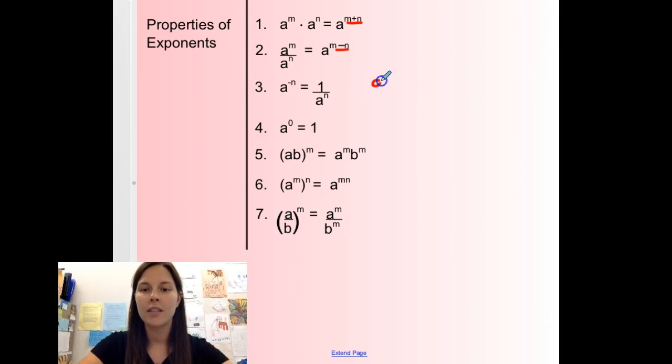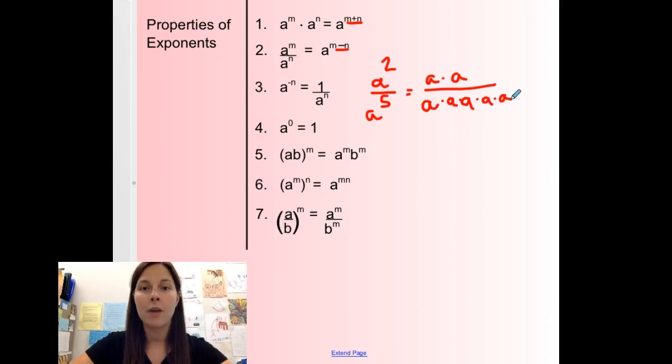For example, if you have a squared divided by a to the fifth, working this out the long way, a squared means a times a, and a to the fifth means a times itself 5 times. And by property of division, we can cancel out 2 of those a's.